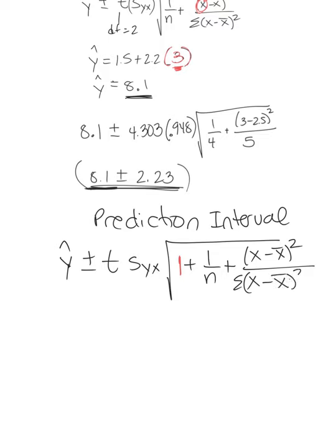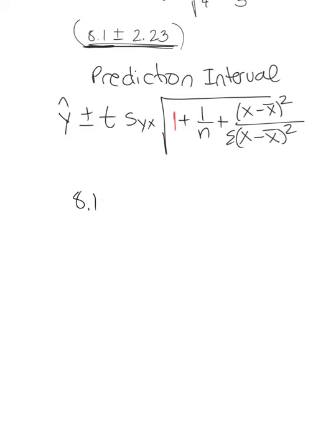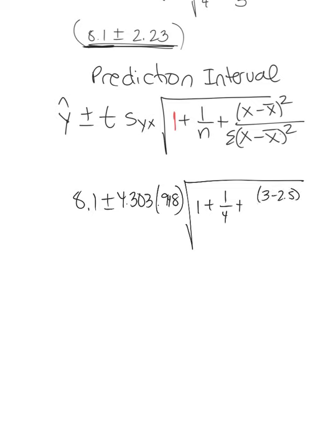Minus x bar squared. All right, let's plug in these values and get our prediction interval. Our y hat was 8.1 plus or minus the t we've already calculated, times our standard error 0.948, times the square root of 1 plus 1 over 4 plus 3 minus 2.5 squared over 5.